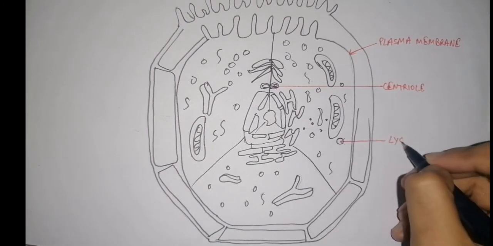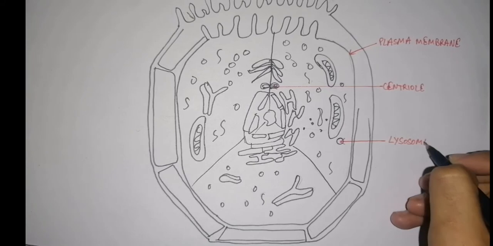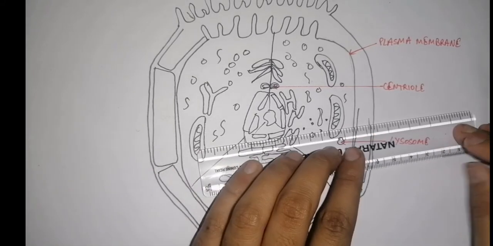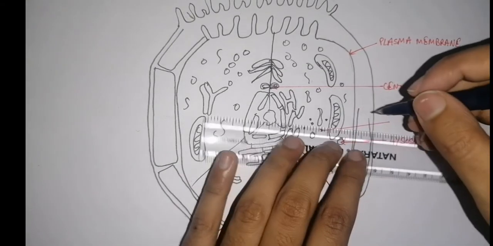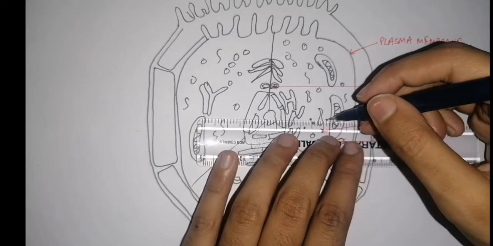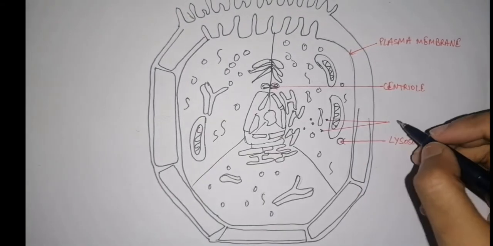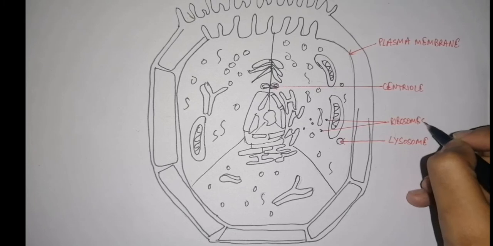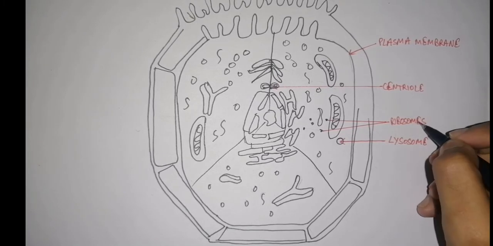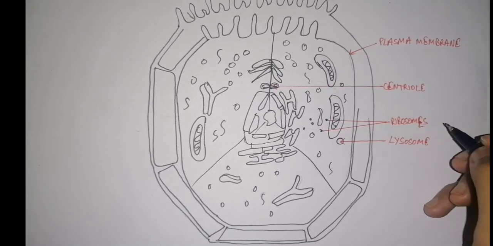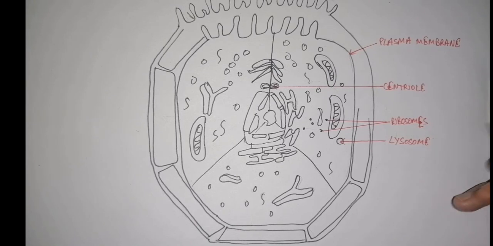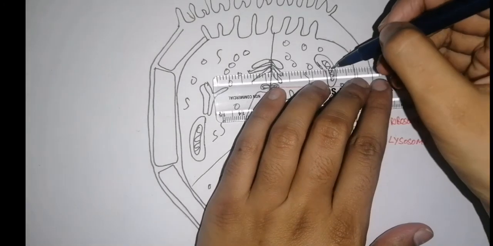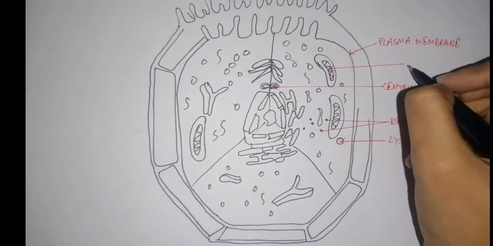Then we have lysosome. These are ribosomes. This one is mitochondria.